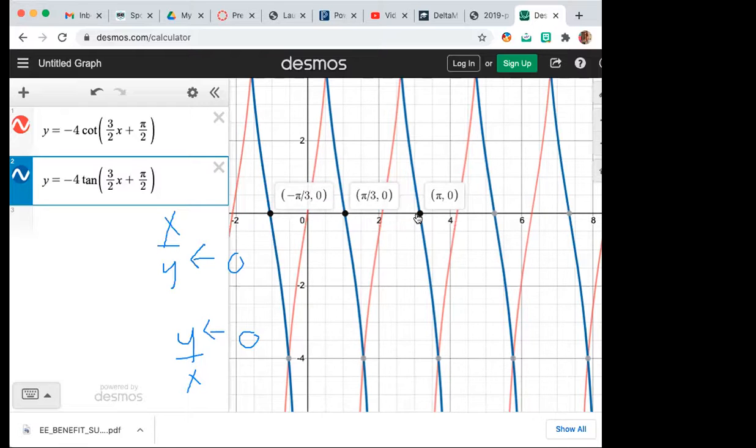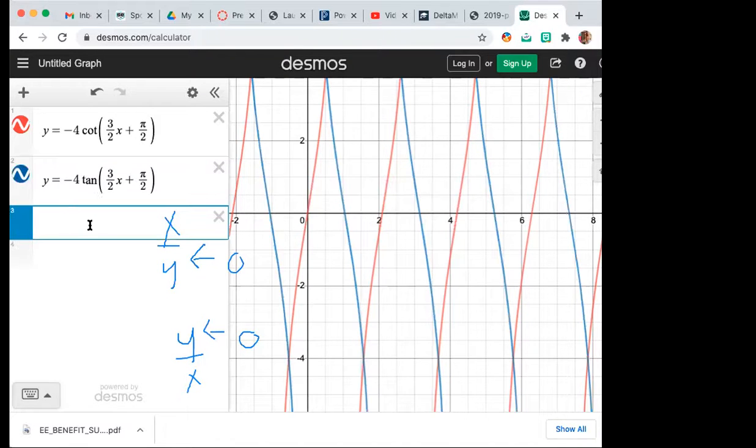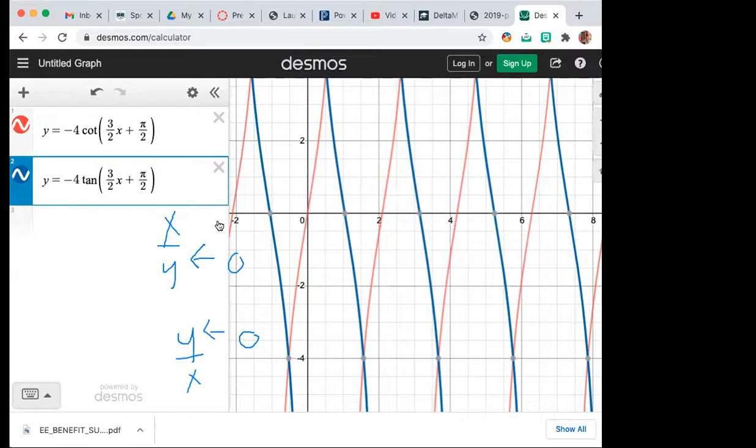I showed you that in the notes. So say it's a tangent function, what would you type underneath it? The cotangent, and look where it's 0. There's your asymptotes. And you can do it for secant and cosecant. If it's secant, you'll type in cosine. If it's cosecant, you'll go underneath and type in sine. It's wherever there's 0, because when you flip 0, it is undefined.